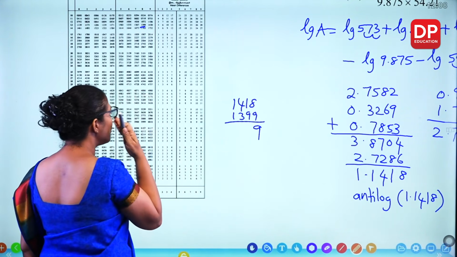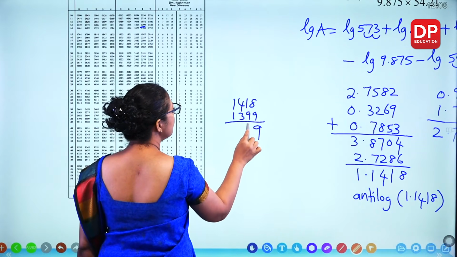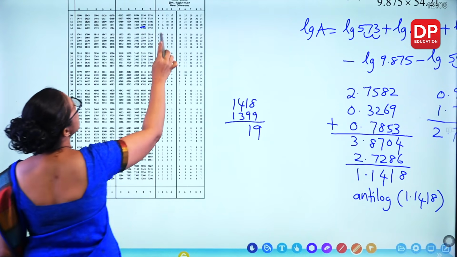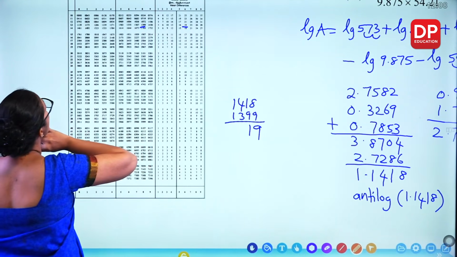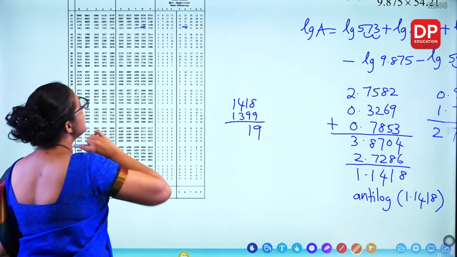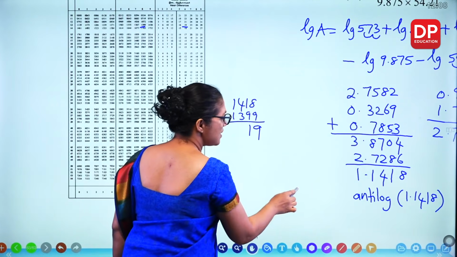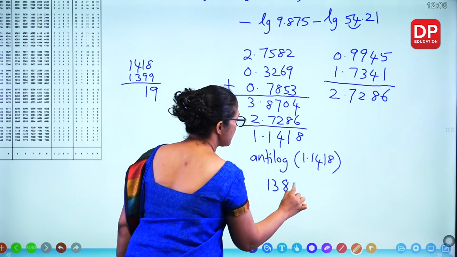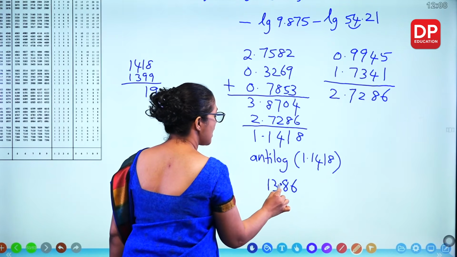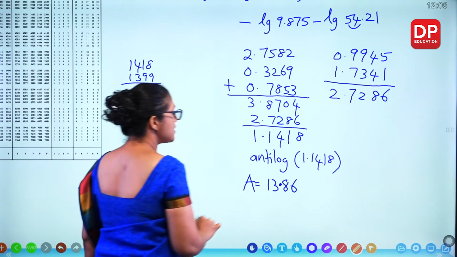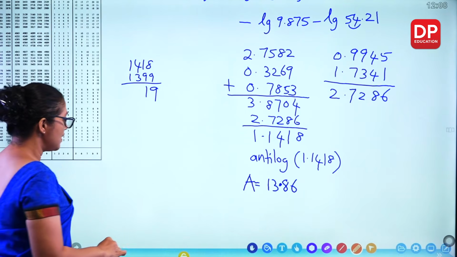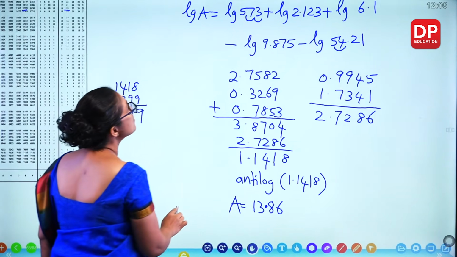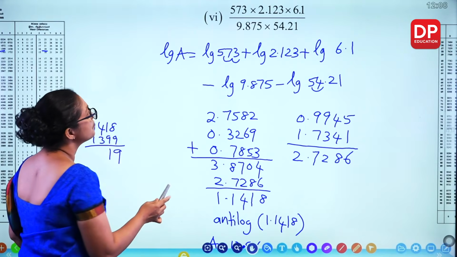How many more you need? 19. So here you get 19 there. 1386, and this is 1 there, so the answer is 13.86 with logarithmic table.